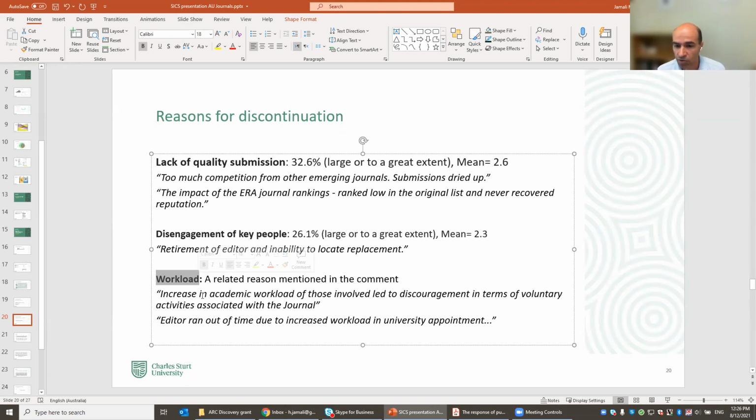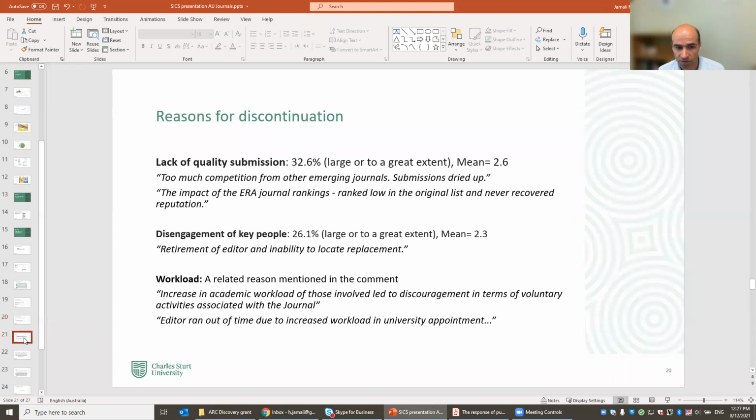Many universities don't pay any credit for being editor, especially if the journal is not Q1 or Q2. And there is no payment attached to it, a lot of workload, and therefore it is not appealing. And once a key person leaves the journal, it becomes very difficult to find somebody else to replace that editor or key people running the journal.